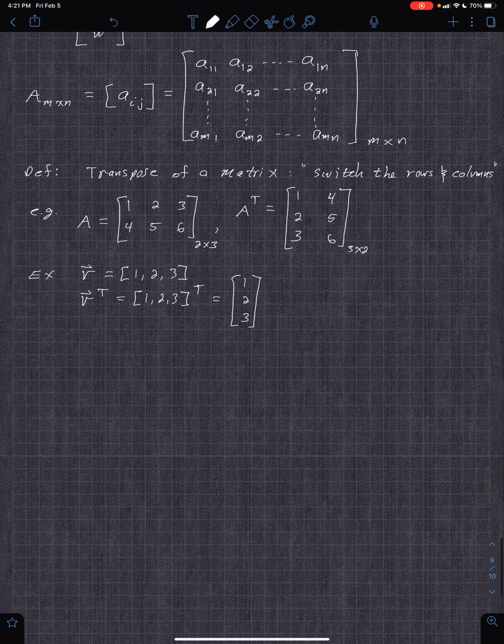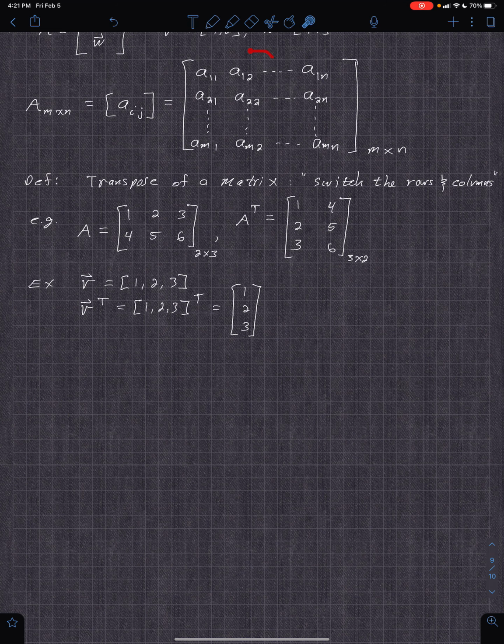So we often represent a general matrix in a general form like this, and not write the whole thing out.